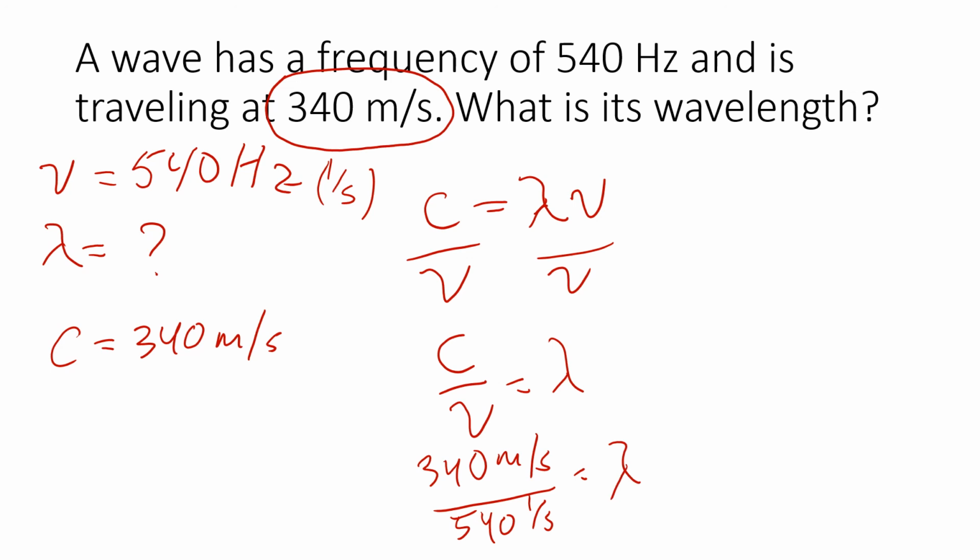I know that my wavelength is supposed to be in meters, so I can just divide these and I'll be okay. So 340 divided by 540 equals 0.62962 something something something meters. Sig figs, right? So I have 2 sig figs here, 2 here, so 0.63 meters.